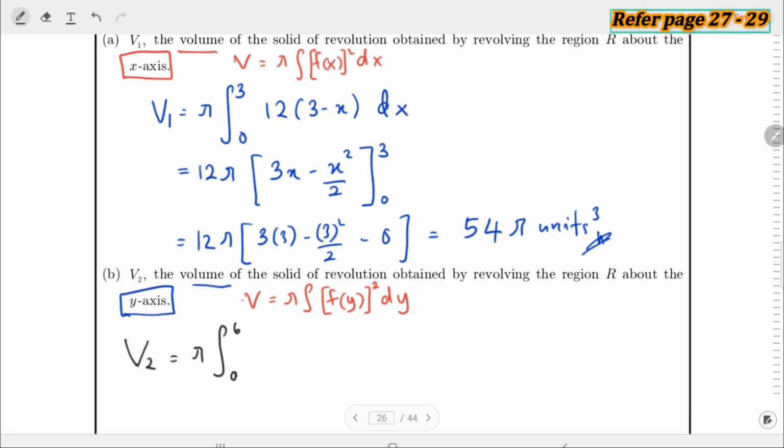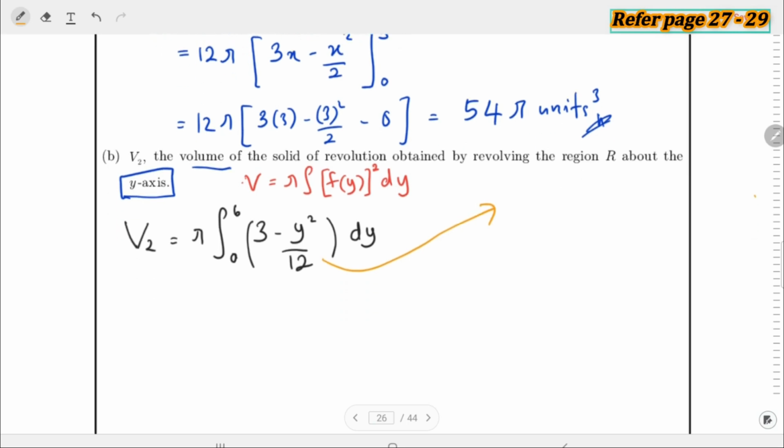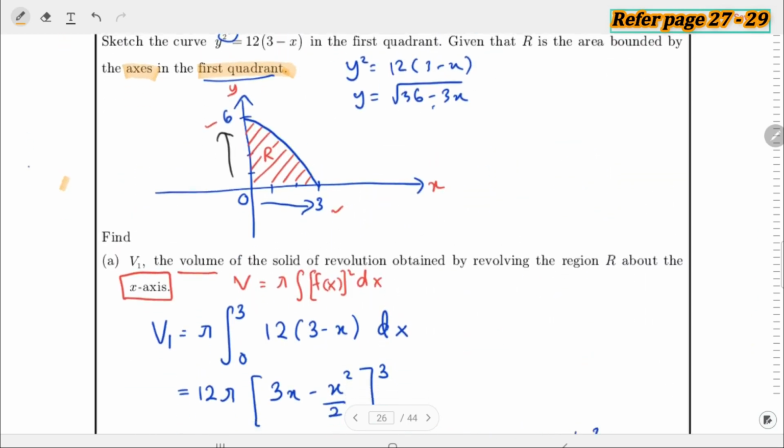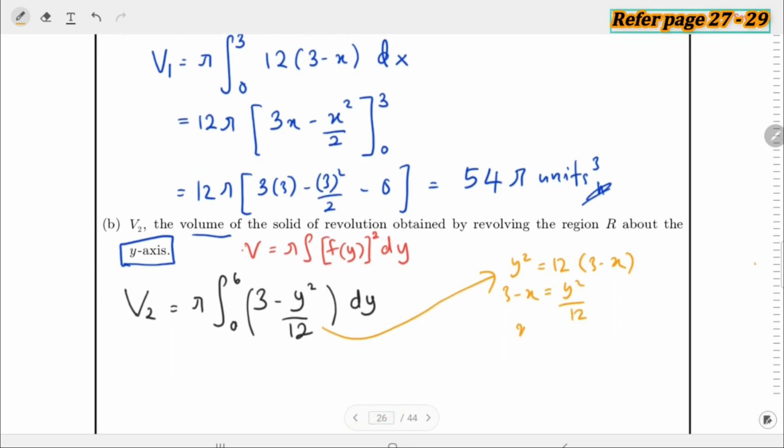I have already transformed it in terms of y only, so it becomes 3 minus y squared over 12, with respect to y. So how do I get this? From the original, y squared equals 12(3 minus x), so 3 minus x equals y squared over 12, then x equals 3 minus y squared over 12, which is a function of y.